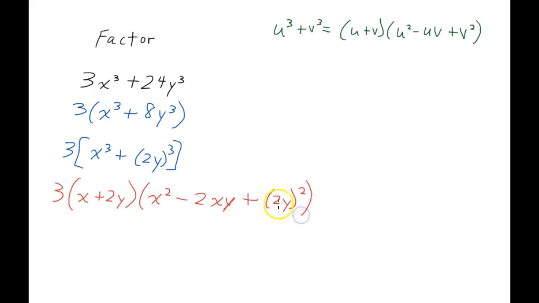And I'm going to write this as 4y squared just to clean it up. But first let's just see that pattern. And now I'm going to write this next version. 3 times x plus 2y multiplied by x squared minus 2xy plus 4y squared.